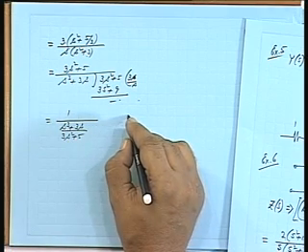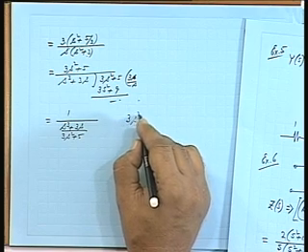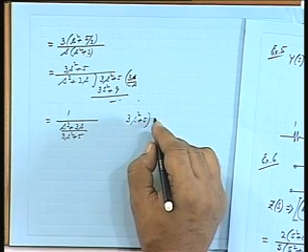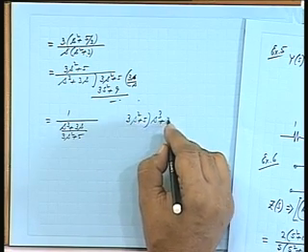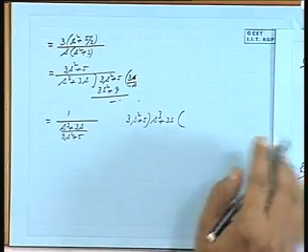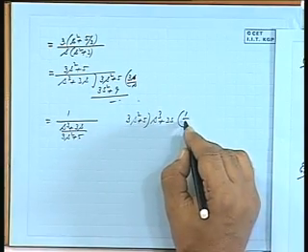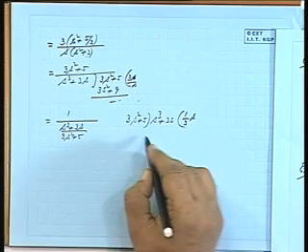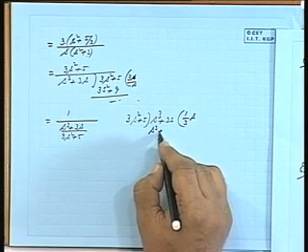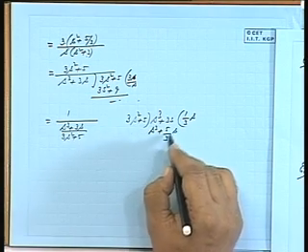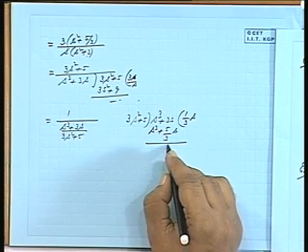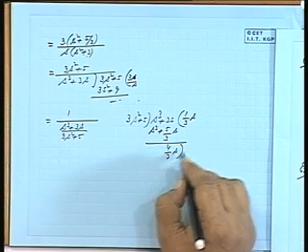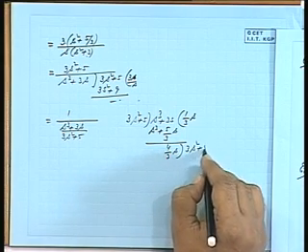Okay, (3s squared plus 5) into (s cubed plus 3s). Okay, so 1 by 3s times... plus 5 by 3s. If I subtract 4 by 3s, (3s squared plus 5).